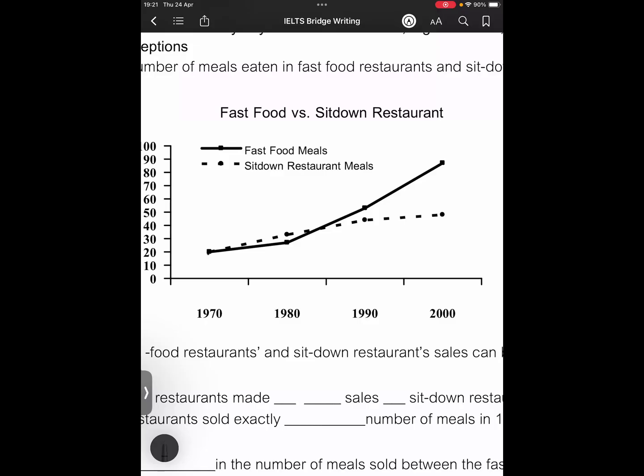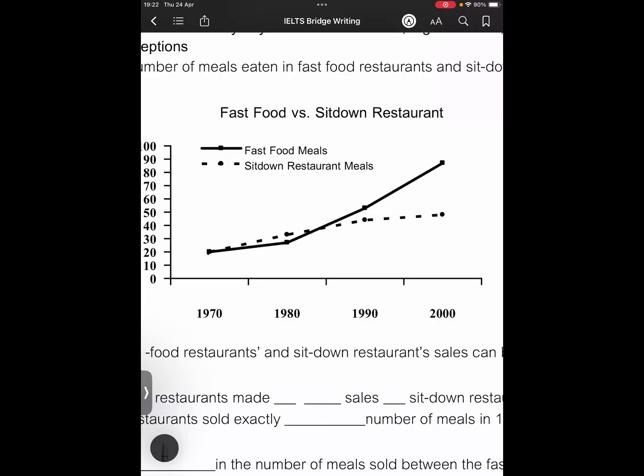It was about 40 only. So fast food sales were about 2 times as high as sit-down restaurant sales. So that's one thing to note. What else can you note?